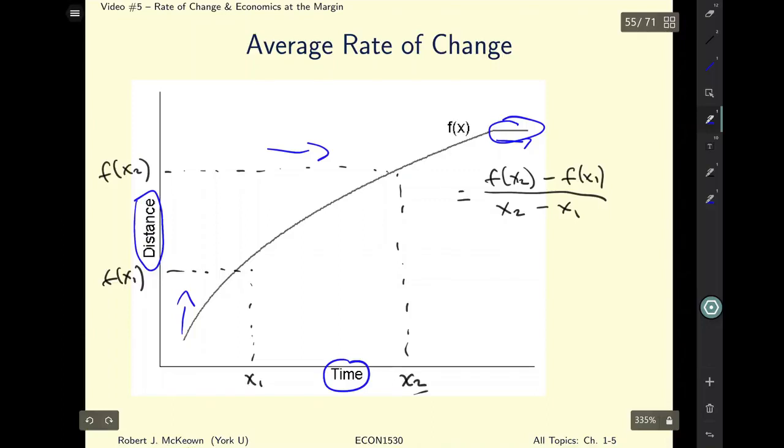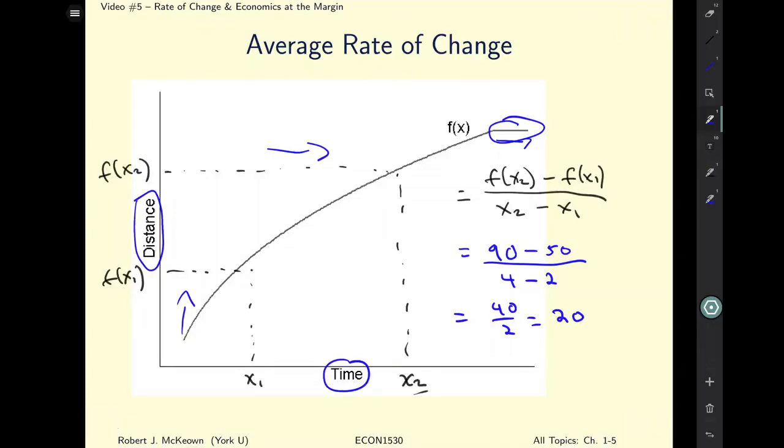So there's a couple different ways we could look at this. I could imagine numbers. Maybe the distance that the ball traveled is going to be 90 feet minus 50 feet when it goes from 4 to 2 seconds, and we get something like an average rate of change of 20.